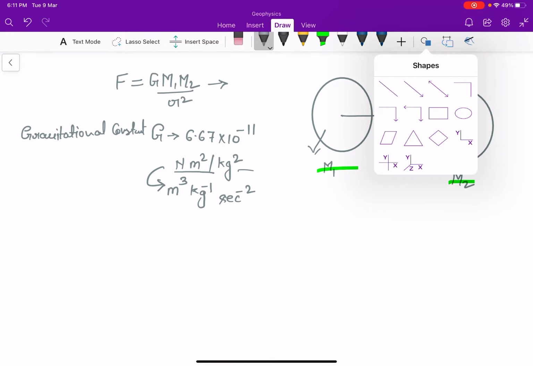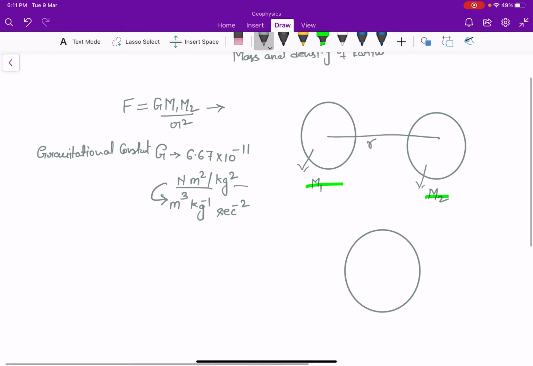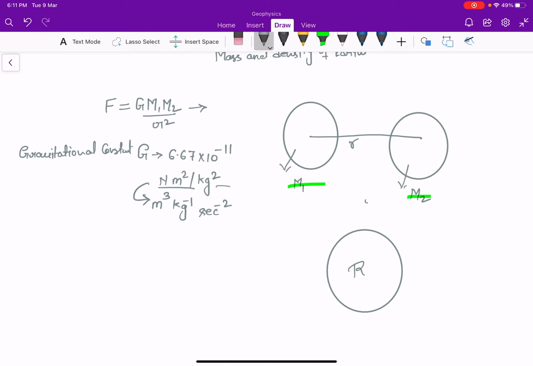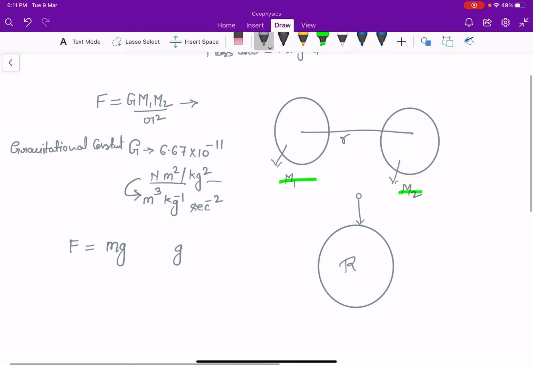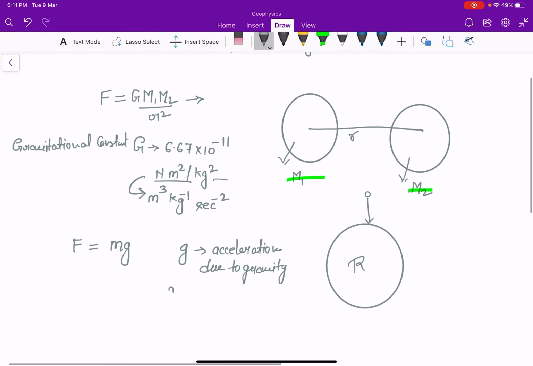Suppose this is our Earth of radius r. Some object is falling on the Earth, so the force acting on that object is m into g, where g is acceleration due to gravity, and small m is the mass of the object which is falling on the Earth, and capital M is the mass of the Earth.